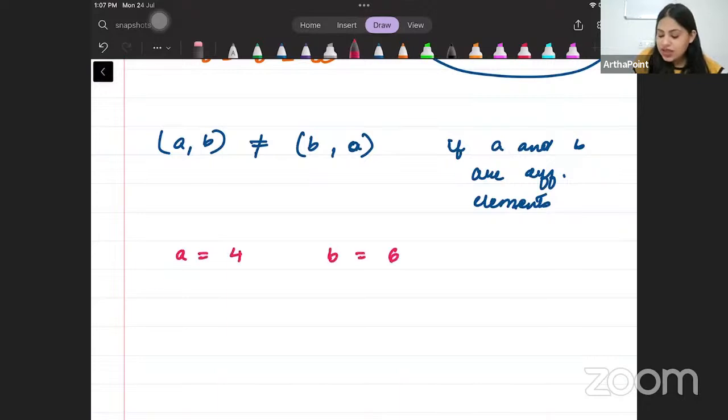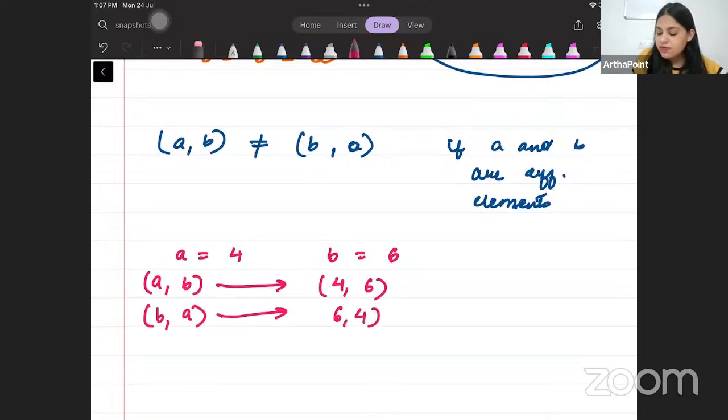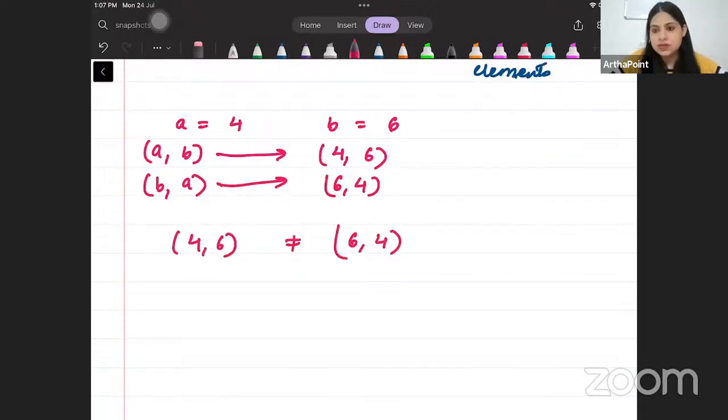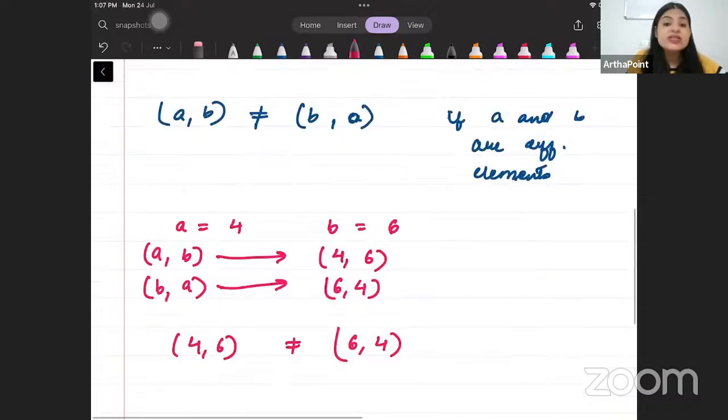So beta, what is A comma B? A comma B will be 4 comma 6. Beta, what will be B comma A? B comma A will be 6 comma 4. So beta, 4 comma 6 is not equal to 6 comma 4. These two are different pairs because their order is different.